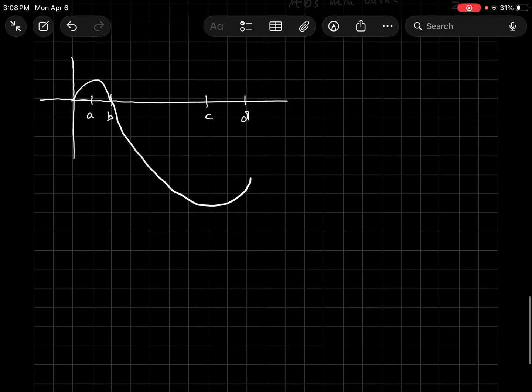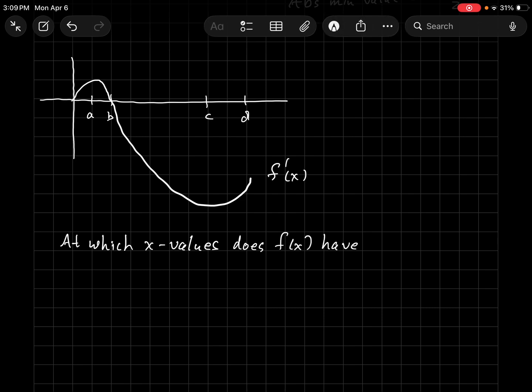And let's call this f prime. We're not going to find the function values, but I want to ask at which x values does f, that we can't see, have an absolute max and an absolute min.